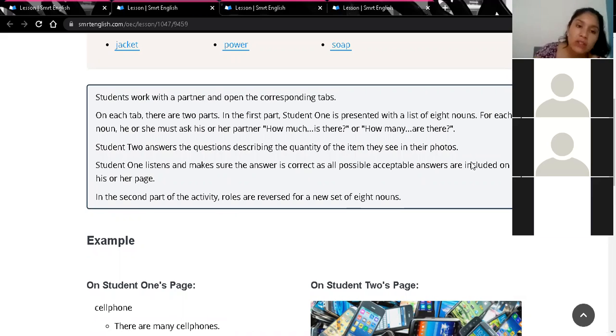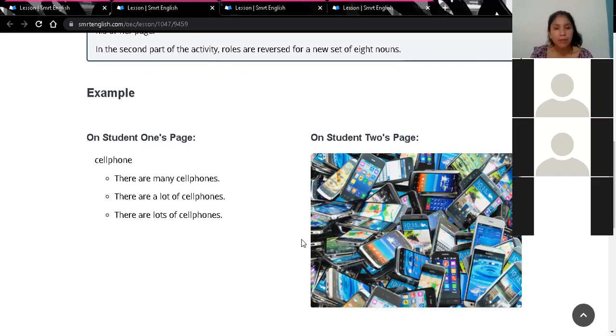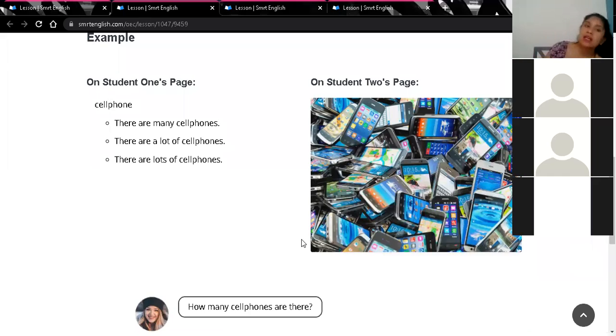Then the student answers the questions describing the quantity of the item in the photos. Student 1 listens and makes sure the answer is correct, as all acceptable answers are included on this page. For example, there are many cell phones, there are a lot of cell phones, there are lots of cell phones. These are the possible answers.